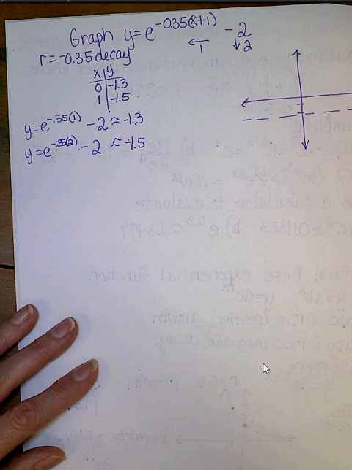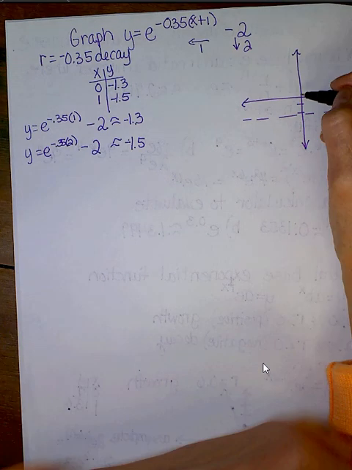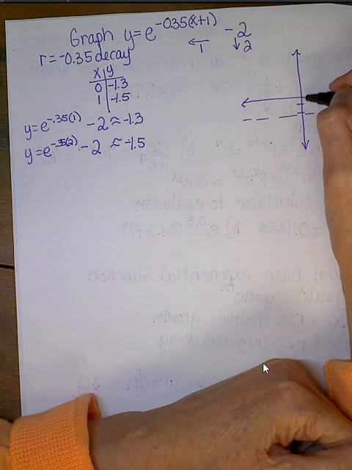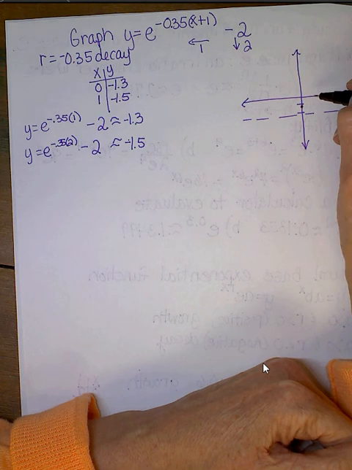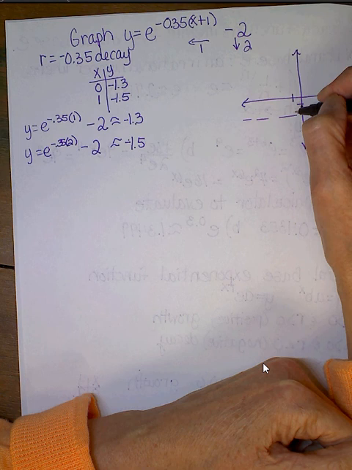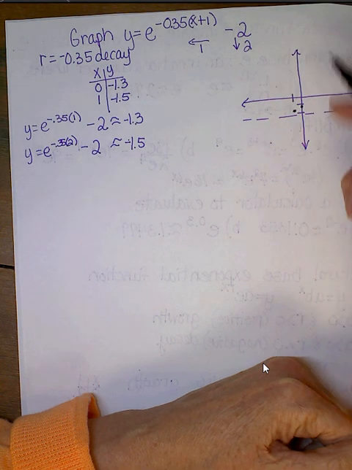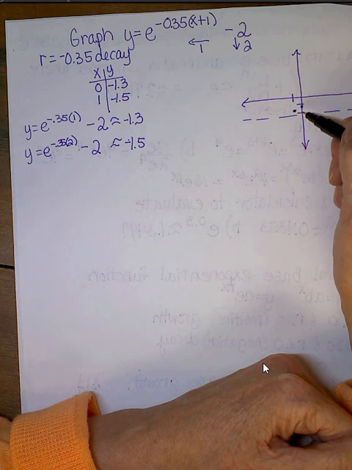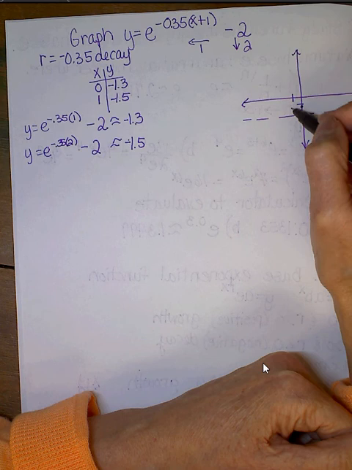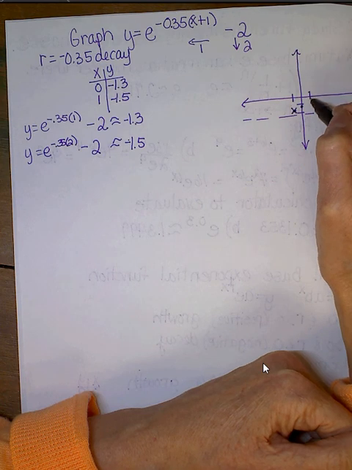Alright, then let's plot these numbers. 0 and a little bit past negative 1. And then this one goes, these are very close together here. Oops, I put this at negative 1, I'm sorry. It should go at positive 1.